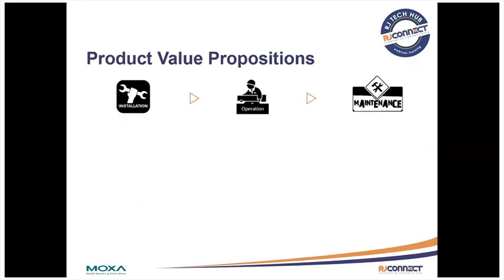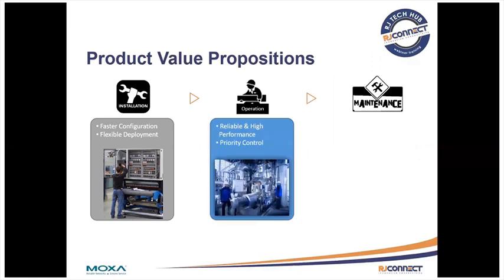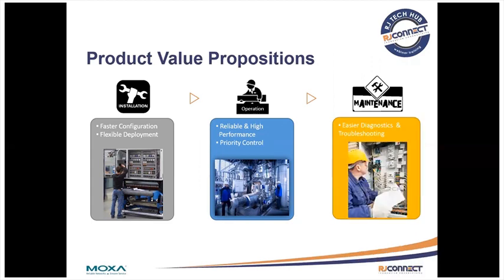Let's take a look at some of the value propositions for these devices: faster configuration and flexible deployment, reliable and high performance with priority control, and easier diagnosis and troubleshooting.